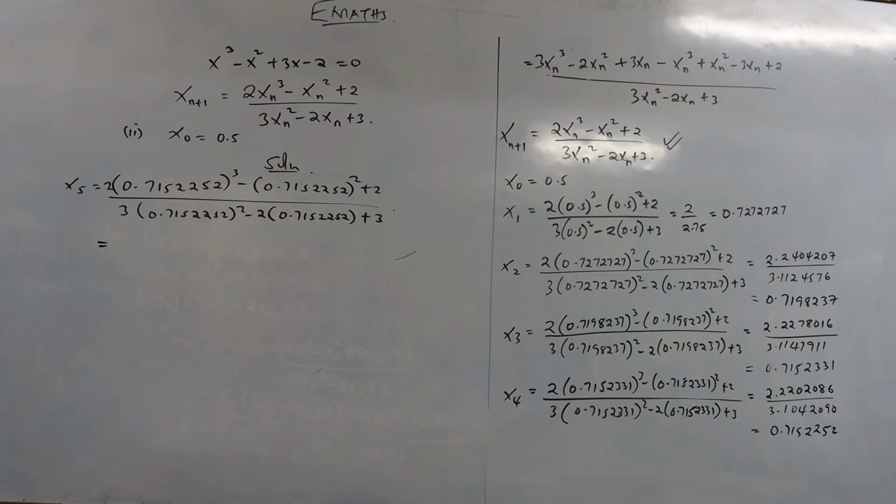So we have that 0.7152252 into bracket, then you cube it, then minus 0.7152252 into bracket, you square it, then plus 2.